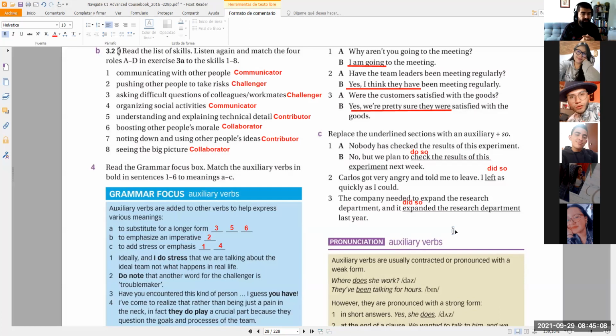So the observation of Felipe is absolutely right. "So" refers to the direct object of the action. If we wanted to translate this did so or do so structure, it would be the equivalent of lo hizo, lo hace, lo hago. That would be the most similar in Spanish.